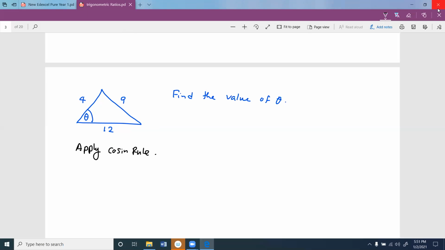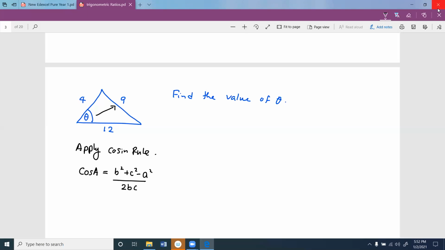When you apply it, we have to understand which one is A. Obviously this is A. You can apply the equation where cos A is the subject: cos A equals B squared plus C squared minus A squared, divided by 2BC. I'll use the other equation later and show you that you get the same answer.